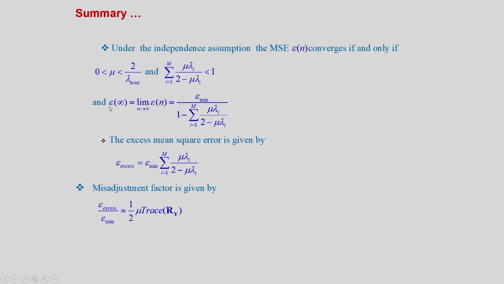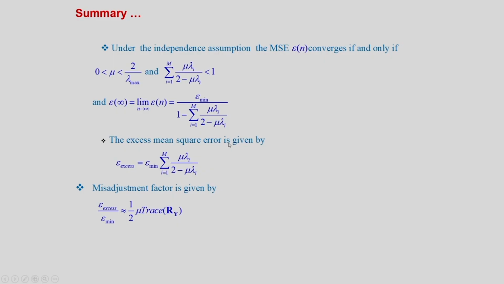Under this situation, the mean square error at infinity is given by epsilon min divided by 1 minus the summation of mu lambda i divided by 2 minus mu lambda i, going from 1 to m. Here epsilon min is the Wiener filter mean square error.